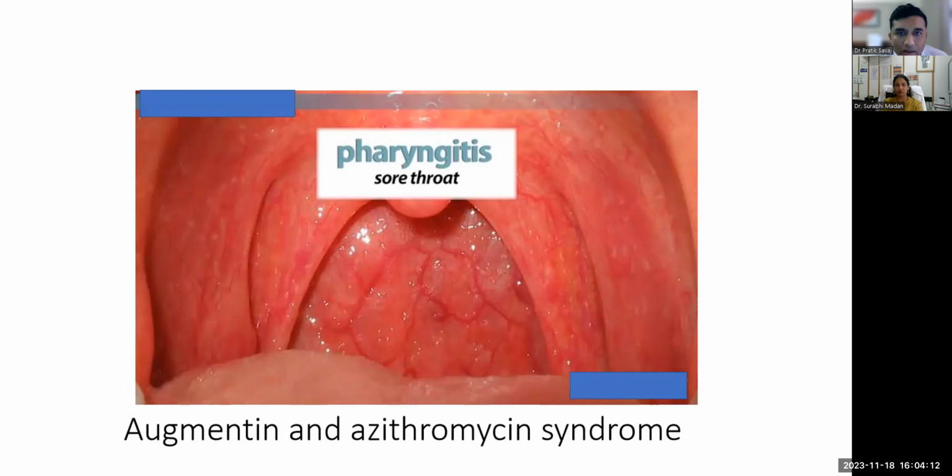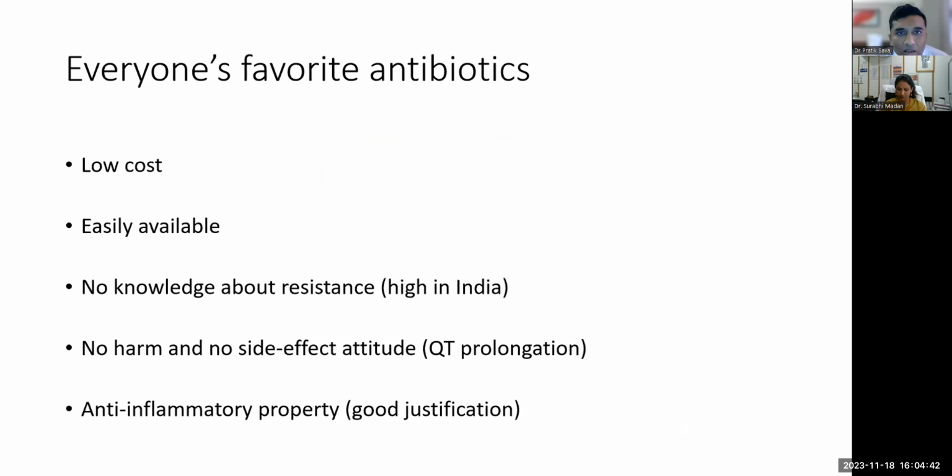Azithromycin is an overused antibiotic in OPD practice. Whenever any patient goes to a physician or general practitioner, usually when they see a red throat, azithromycin is commonly prescribed. I would term this disease Augmentin azithromycin syndrome: most of these illnesses are viral and don't require azithromycin.